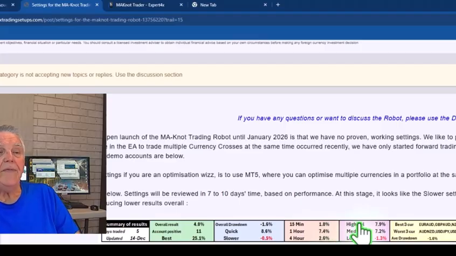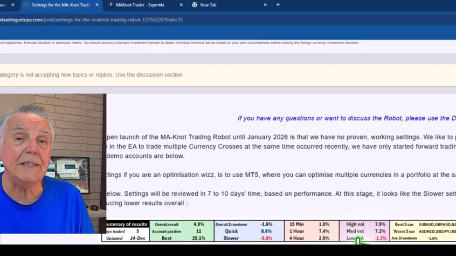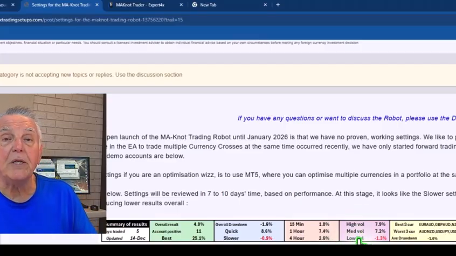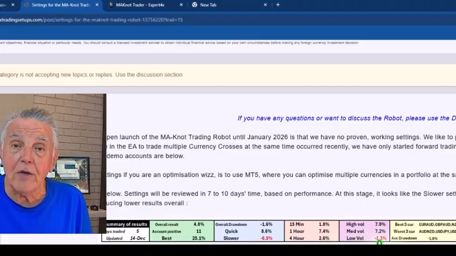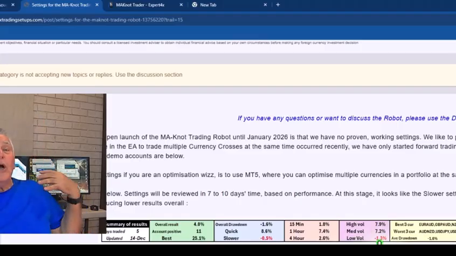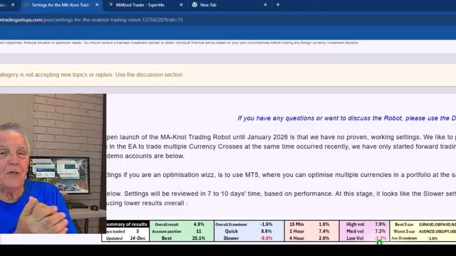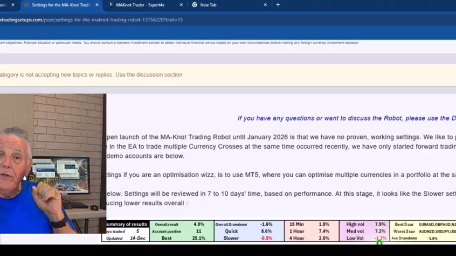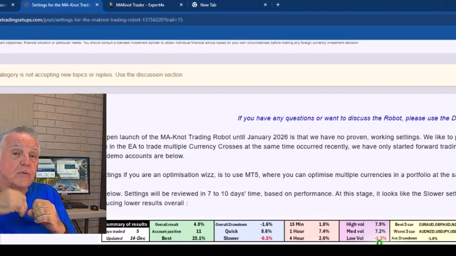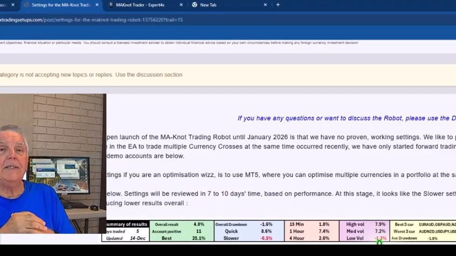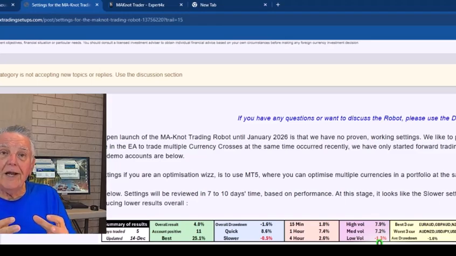And then we've looked at the volatility of currencies, high, medium, and low volatility, and clearly it doesn't like low volatility currency. Now I could have told you that before we started trading this, because when you're trading a trending EA, it wants to catch those explosive moves, those explosive trends that result from the news, then you need volatile currencies.